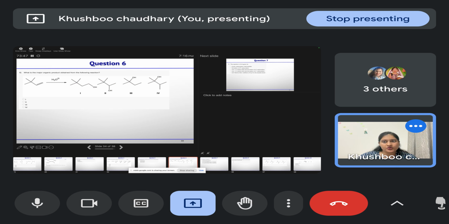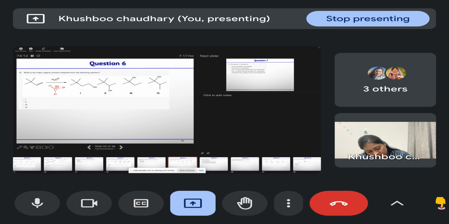Next question is, what is the major organic product obtained from the following reaction? What is the first step? Addition of H plus, so abstraction of proton.